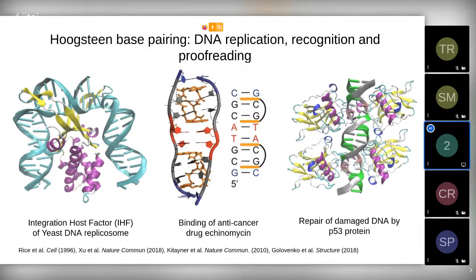Is the Hoogsteen base pair playing any role in the binding and in the recognition? This is a postulate, because people have found crystal structures of these proteins bound to DNA, and they saw the Hoogsteen base pairs in the crystal structures. Whether that Hoogsteen base pairing is playing a dynamical role in the binding is not fully known, and that is something we should explore in future.